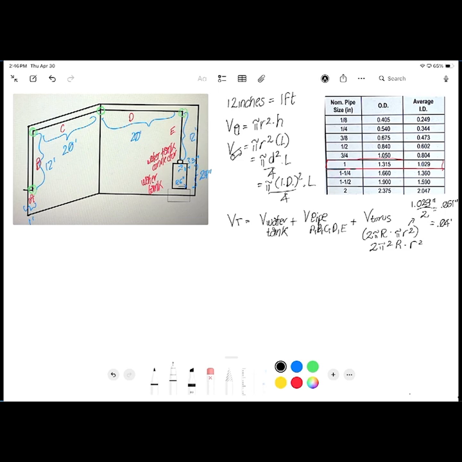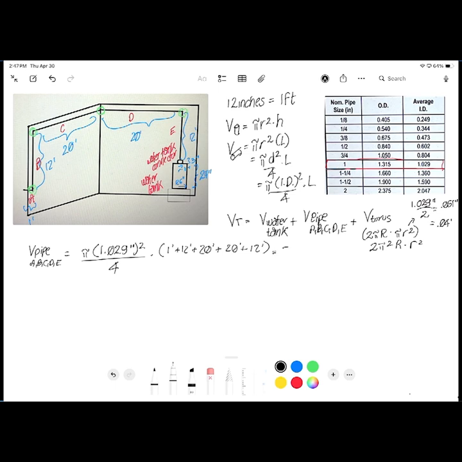So now let's calculate the volume of the pipe. We have the volume of the pipe for pipe A, B, C, D, and E is equal to pi times 1.029 inches squared divided by 4 times the length, which is 1 foot plus 12 feet plus 20 feet plus 20 feet plus 12 feet.